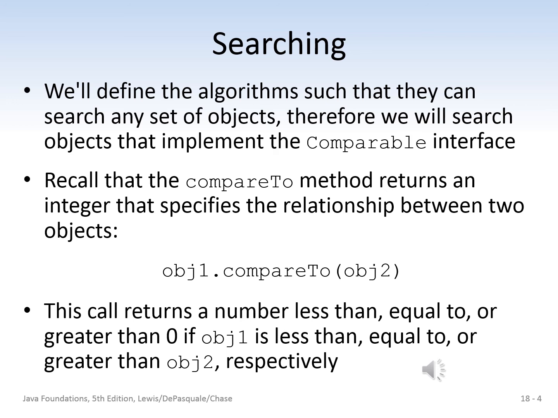Here we have obj1 calling compareTo and passing obj2 as a parameter. It will return a number less than, equal to, or greater than 0 if obj1 is less than, equal to, or greater than obj2 respectively.